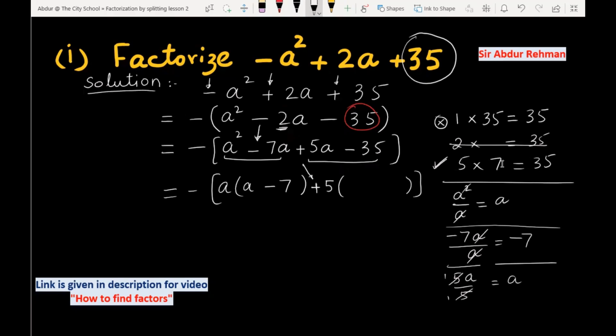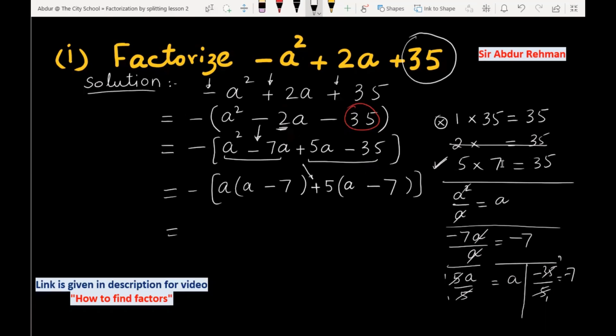A is the result. So I'm going to write a. And in the next step, we have to divide minus 35 by the common 5. We get 5 sevens are 35. We will get minus 7. So I'm going to write minus 7 here.